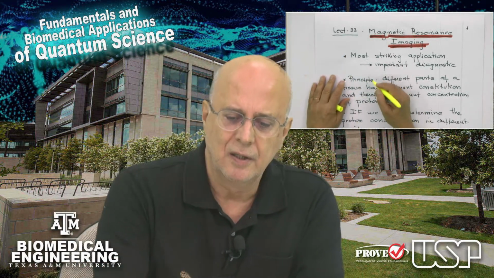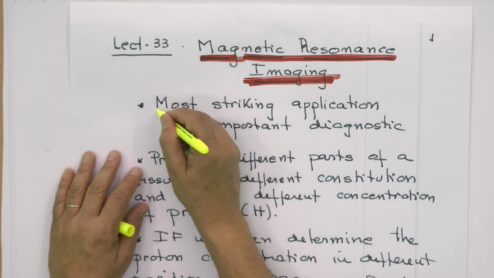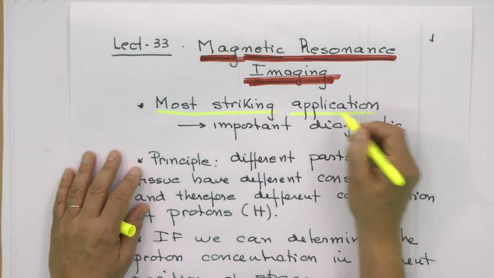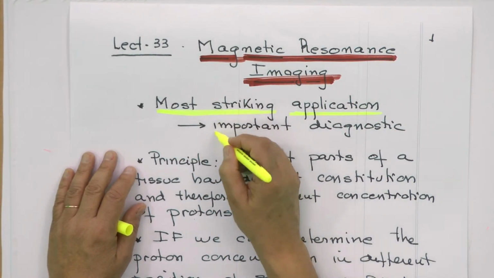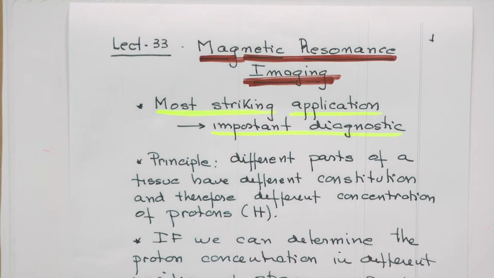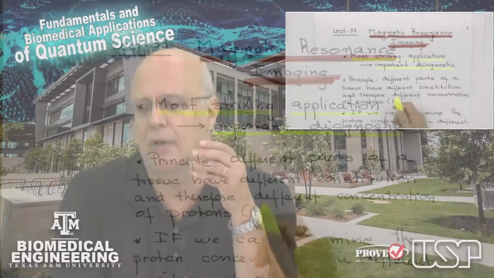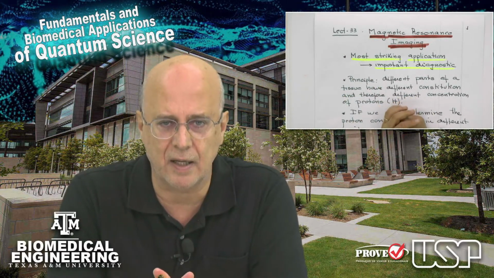This is the most striking application of magnetic resonance, and it's very important for diagnosis. We are able to look inside the body. We are able to see things that not even X-ray can do.